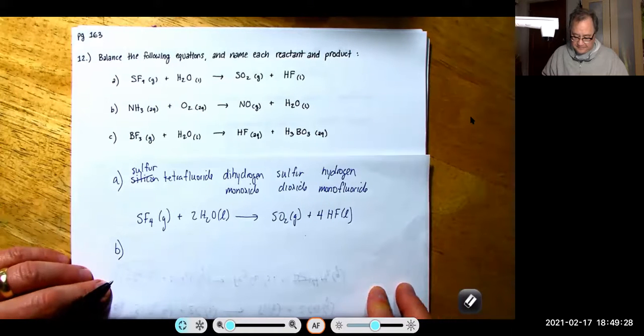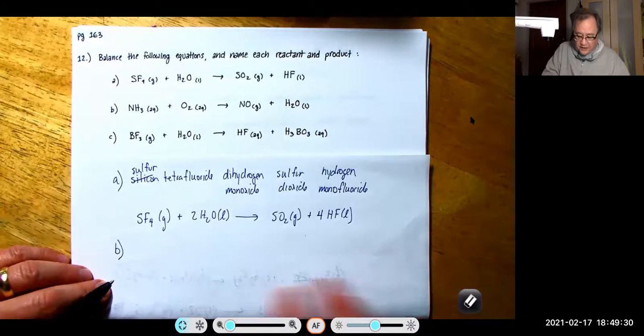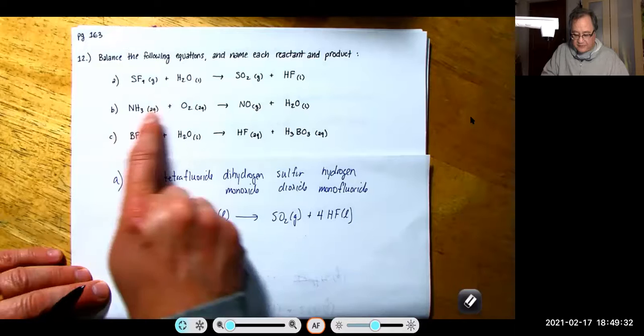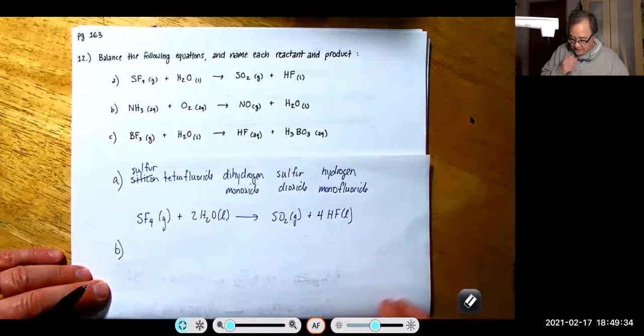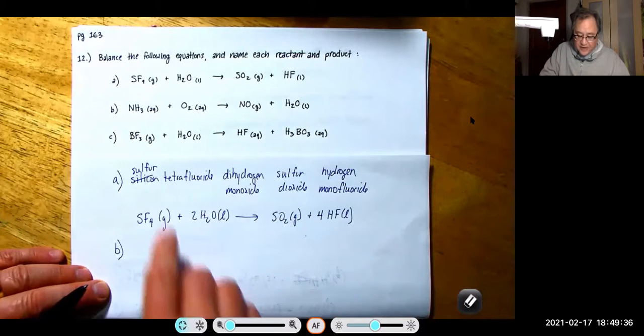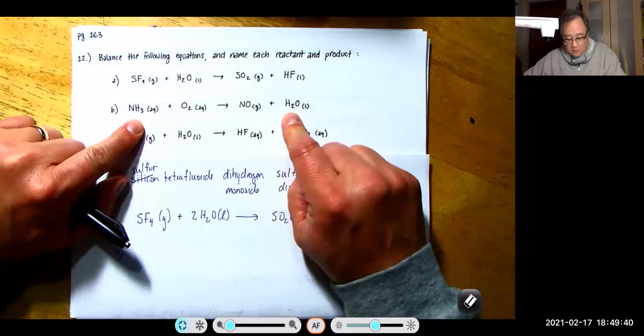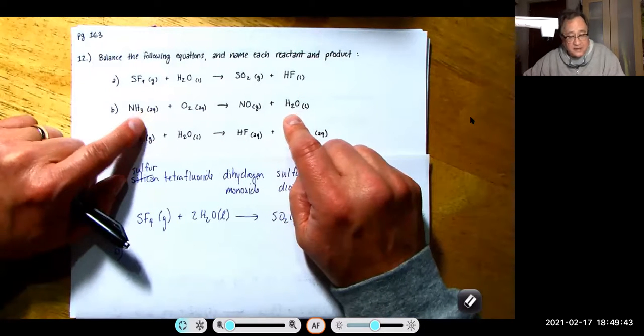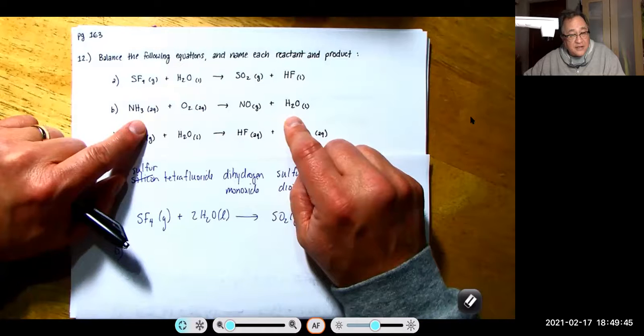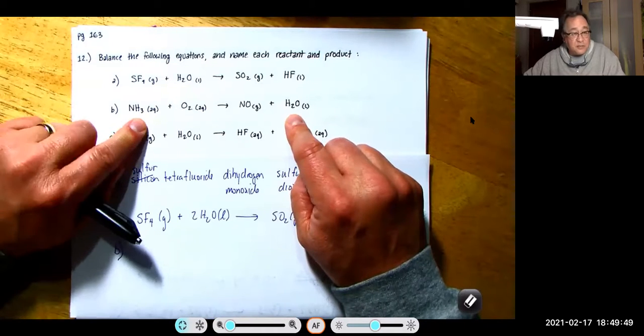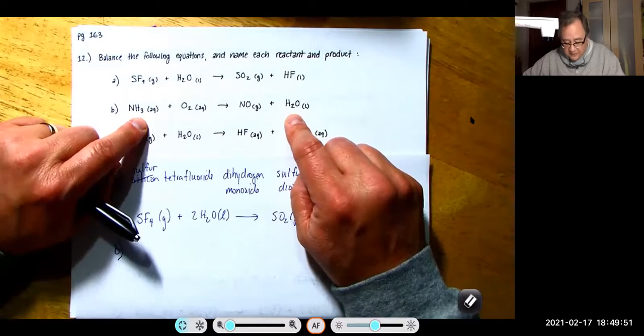Okay. I see 1 nitrogen on the left and 1 on the right, so that's good to go. I see 3 hydrogens on the left and 2 on the right. So this is one of those things where we've got kind of an even-odd. And a lot of times when you have this even-odd thing, you go for the smallest number that these are both factors of.